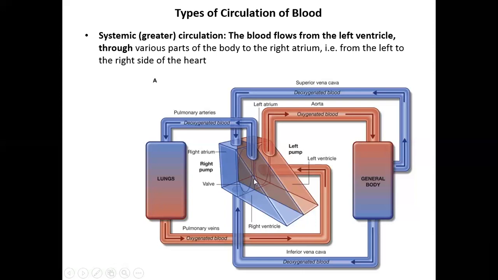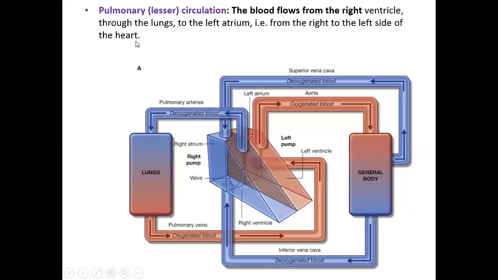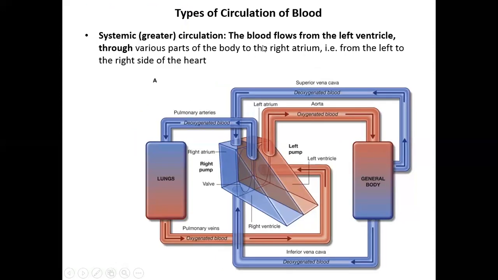Now, the right side of the heart deals with deoxygenated blood, whereas the left side of the heart deals with oxygenated blood. Now, there are two types of circulation: greater circulation, which is also called systemic circulation, and pulmonary circulation, which is called lesser circulation. Now, in the greater circulation, blood is going to flow from left ventricle. So, let's start from the left ventricle.